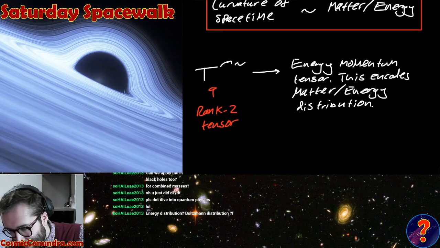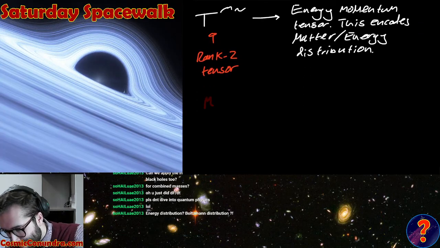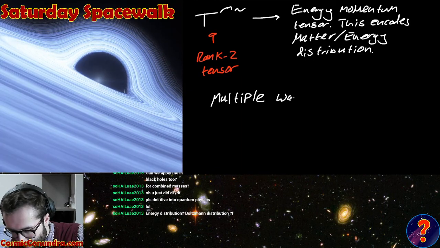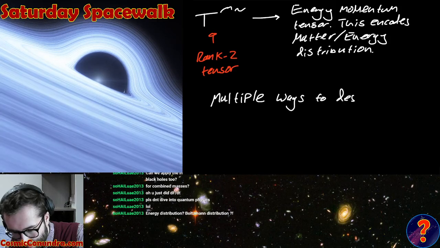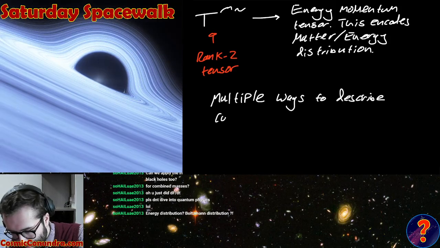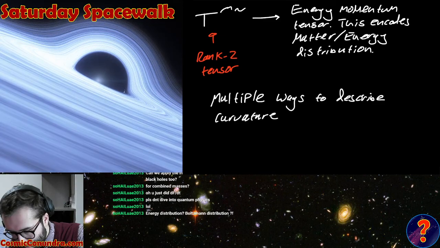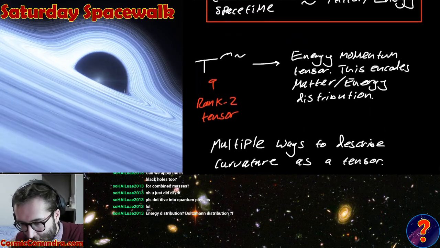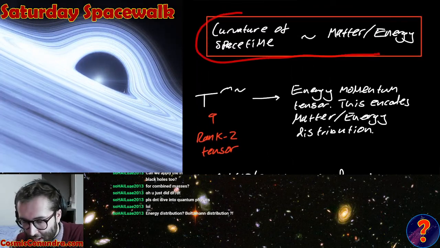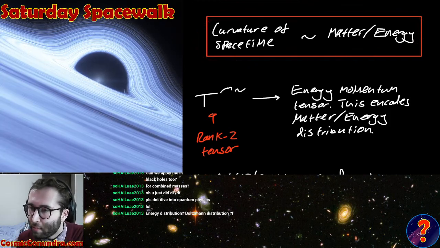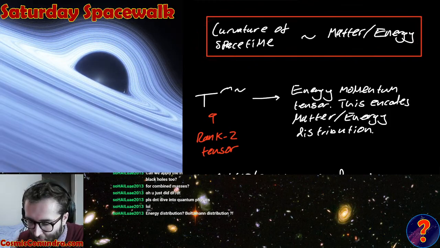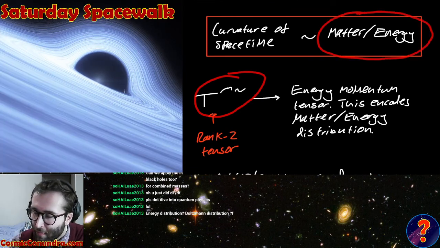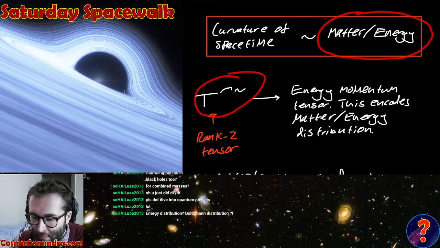But the issue we run into now is that there are multiple ways to describe curvature as a tensor. Now, if we're going to try and reproduce this schematic equation using more concrete mathematics, our right-hand side is our tensorial description of matter/energy distributions.